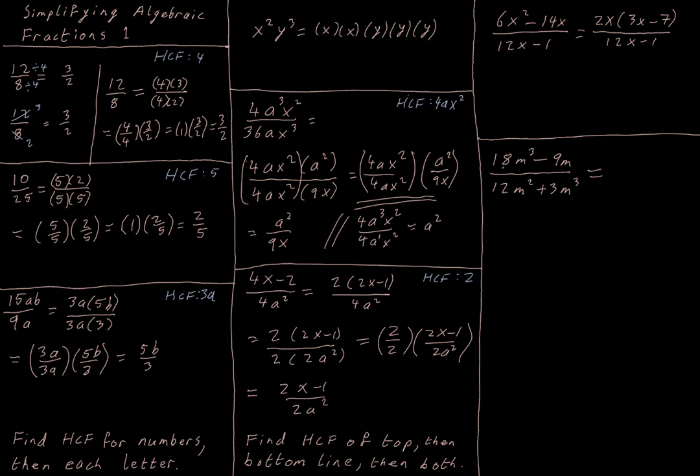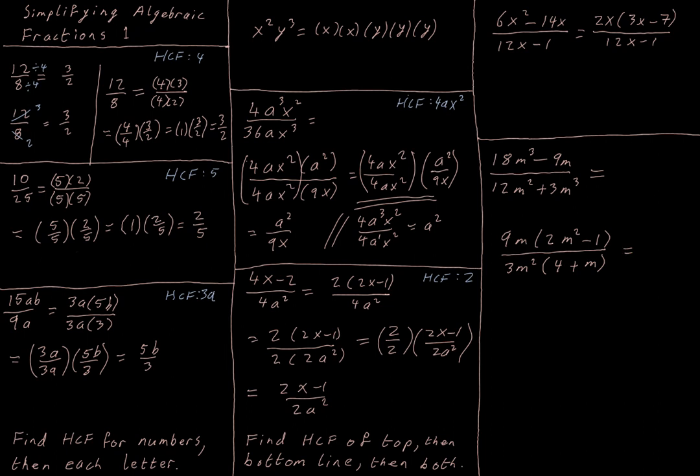Finally here, let's take out the highest common factor on the top line and the bottom line. When we do that, we see that we have 9m as the highest common factor on the top line and 3m squared as the highest common factor on the bottom line. And we can write this out the longer way as we did earlier on. But our highest common factor here is not our highest common factor here. So we have a second step.